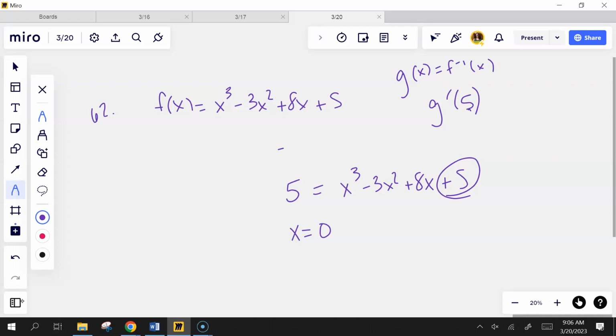So now what happens if I plug back in with my 0? Because it's asking me for the inverse derivative at 5.